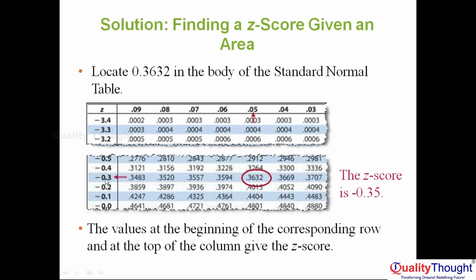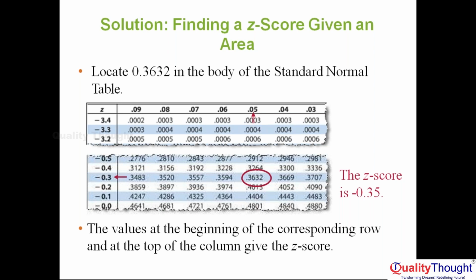It is 0.35, 0.3, and on the column axis you should not forget this one. So you should get 0.35, which is going to be minus 0.35. Even if you say 0.35, it is wrong. There is no doubt about it. Right or wrong, Narayana? It is wrong. So you should say minus 0.35.